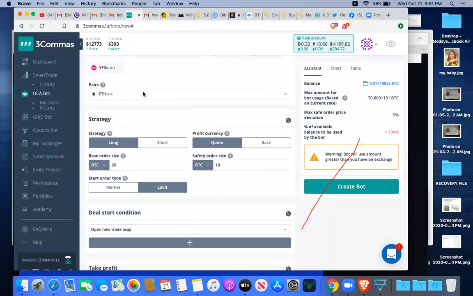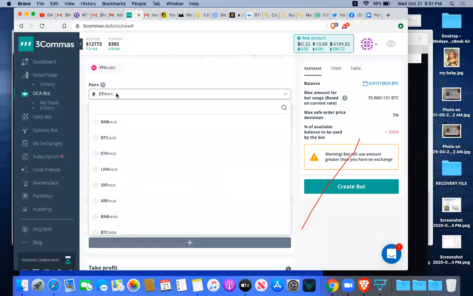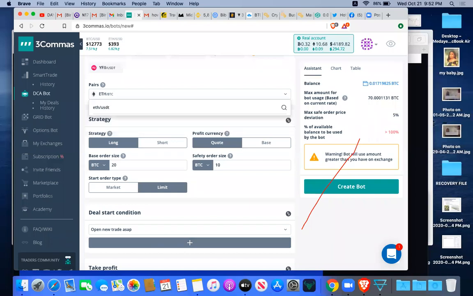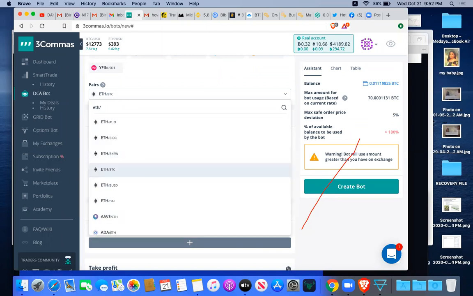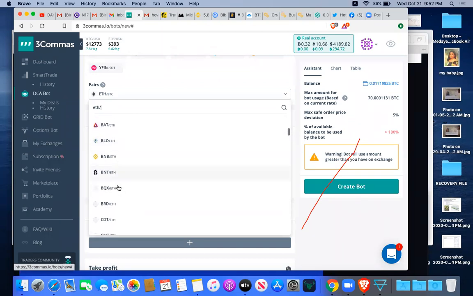So then let me go for this, probably Ethereum USDT. Just type USDT so that you can see the USDT pairs with ETH.